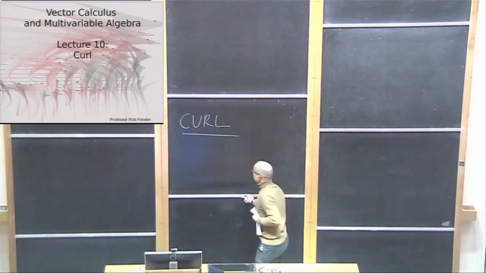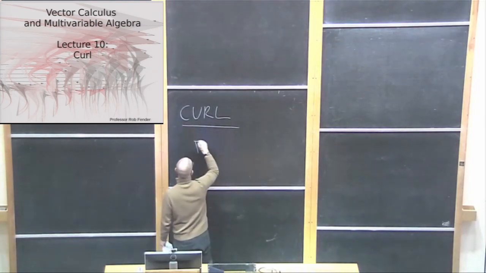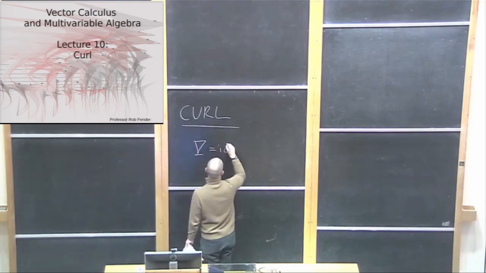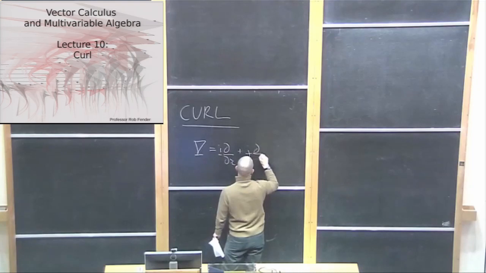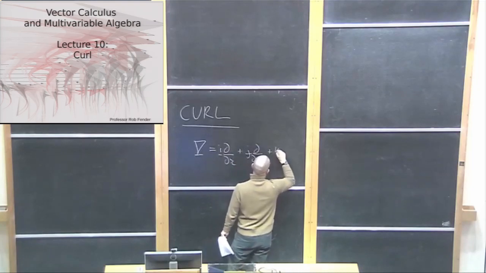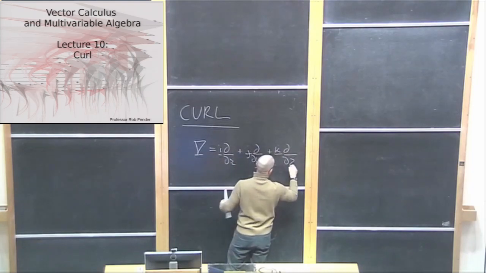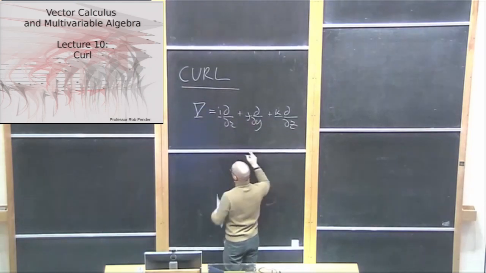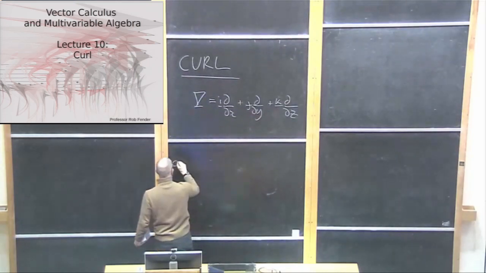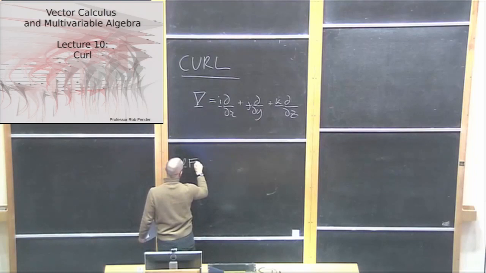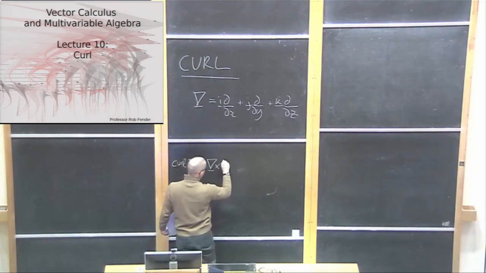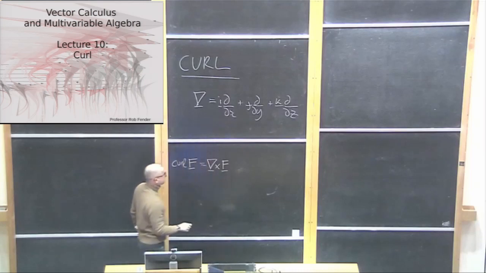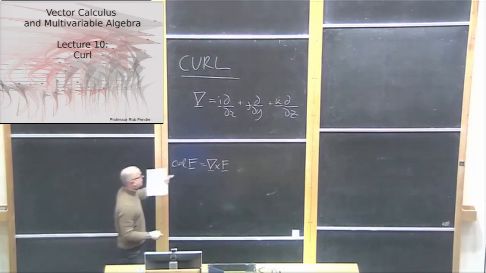Okay, so to remind you once again, we use our old friend Nabla to calculate the curl, and the curl of some vector field can be written curl F. It's also written as the cross product of Nabla with that vector field.